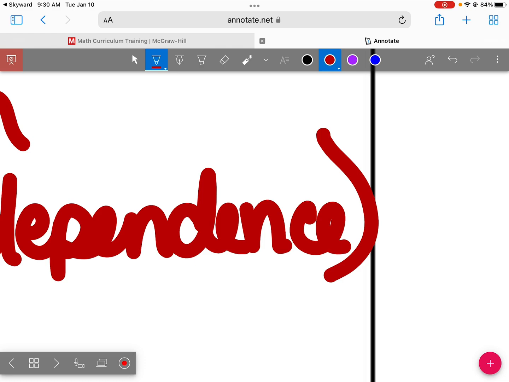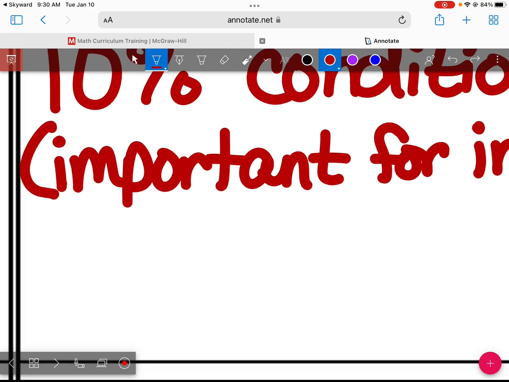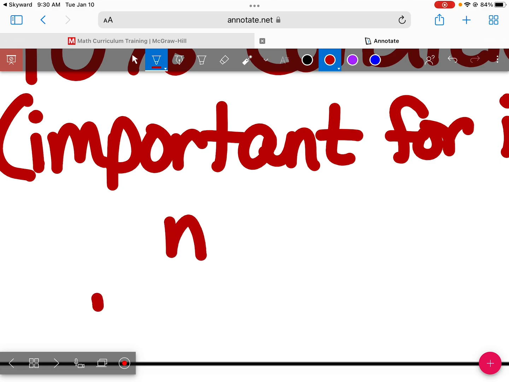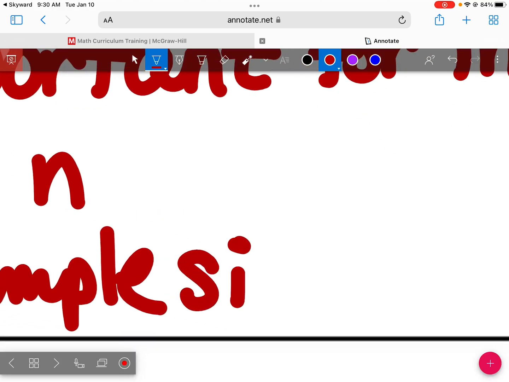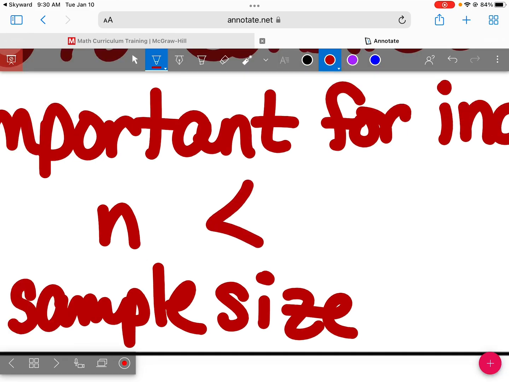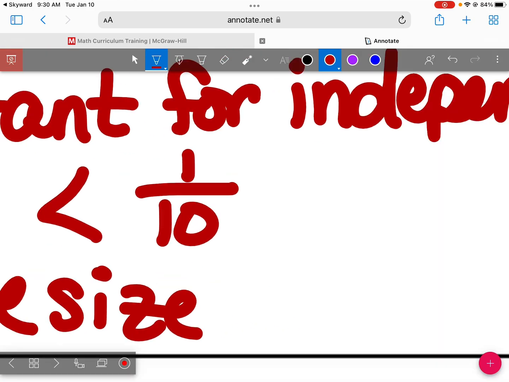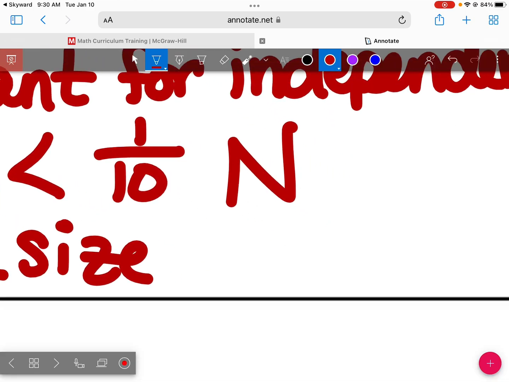How do I check my 10% condition? Sample size. Needs to be less than 1/10 the population.